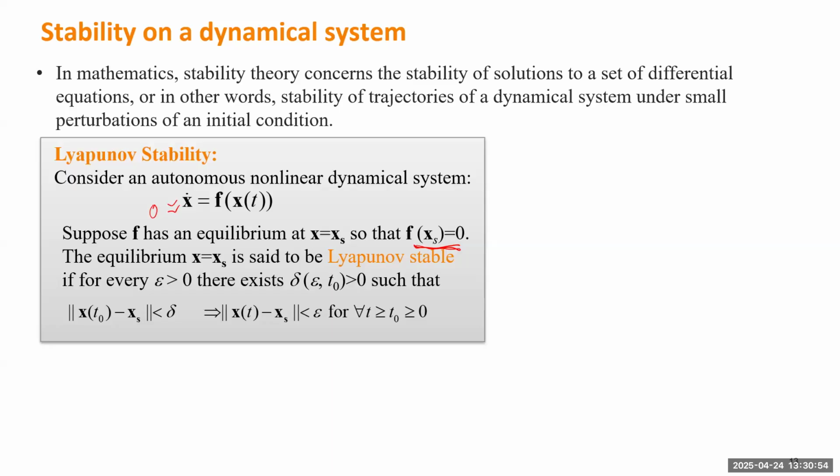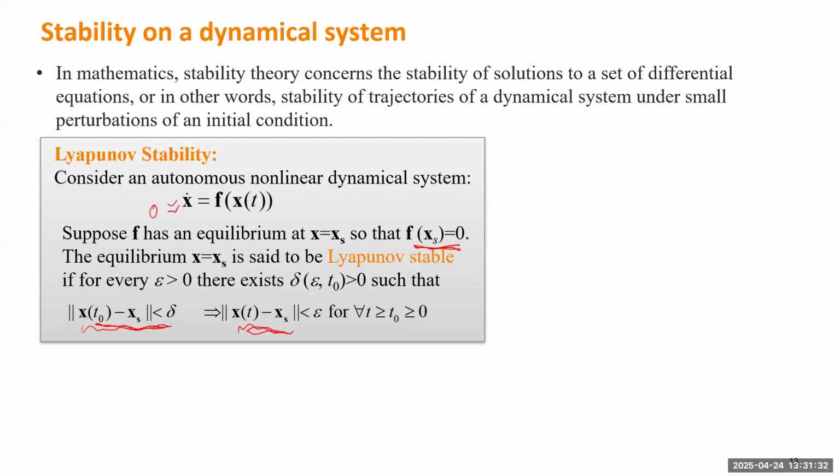This equilibrium is said to be Lyapunov stable if for every small positive number epsilon, there exists another small positive number delta. Usually this delta is smaller than epsilon, such that if you release the state within a small enough neighborhood of the equilibrium point, the system state will never escape the neighborhood of epsilon.